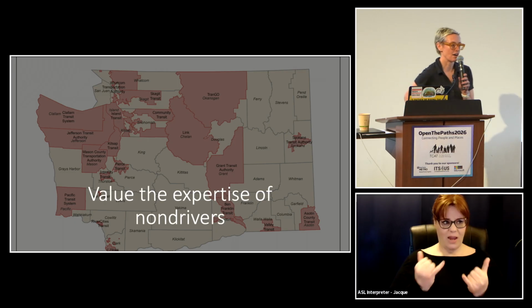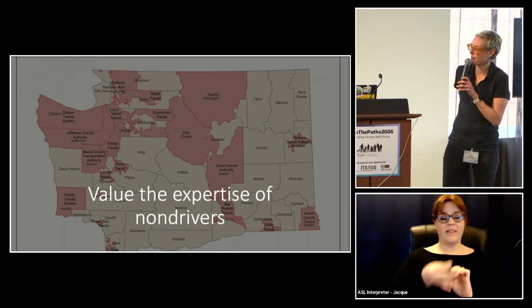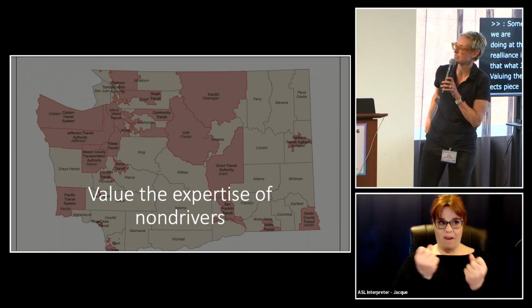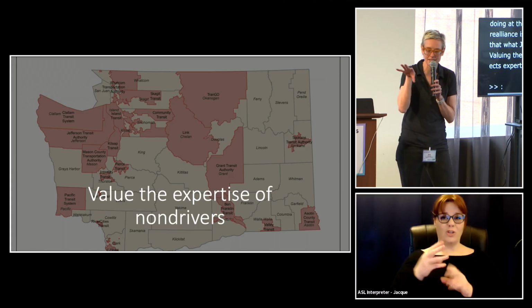Some of the work that we're doing at the Non-Drivers Alliance right now is what Joe was talking about, valuing the expertise of non-drivers. The image on the back of this slide is transit boards in Washington State that are organized under the PTBA structure, which is a taxing authority.